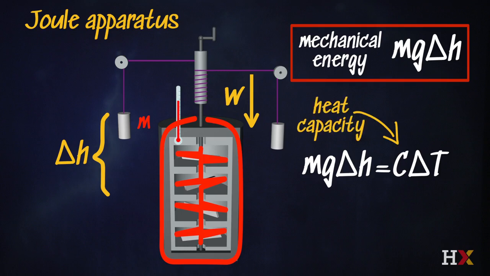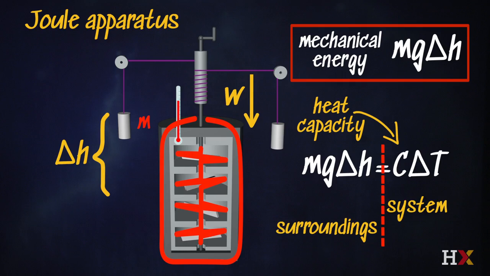But notice, intrinsically, you could draw a border between the system and the surroundings by drawing it right through that equality sign, because the mg delta H represented the surroundings, but the increase in temperature of the system of paddles, steel, and water represented the system. So he beautifully isolated the surroundings from the system, and therefore he could measure exactly what the relationship was between the mechanical energy released by the falling mass and the increase in temperature of the water.